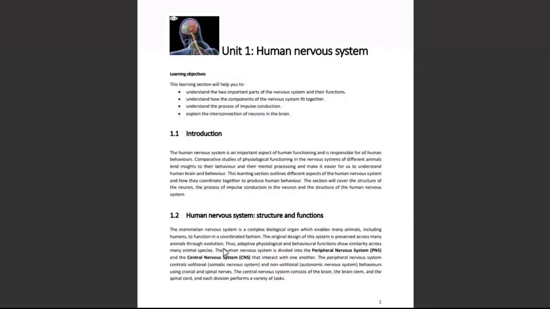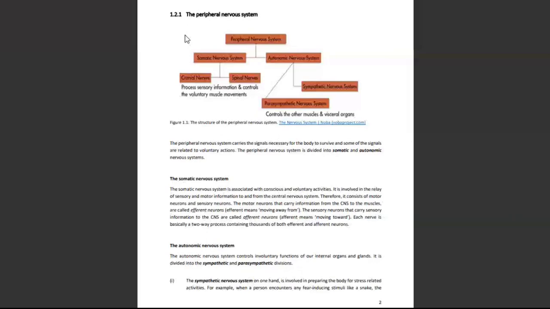Yes, they will keep on saying animals so that you understand these aspects. Thus, adaptive, physiological, and behavioral functions are similar across many animal species. The human nervous system is divided into the peripheral nervous system as well as the central nervous system. So let's keep this so that it won't confuse you. The human nervous system, they say, is divided into what?